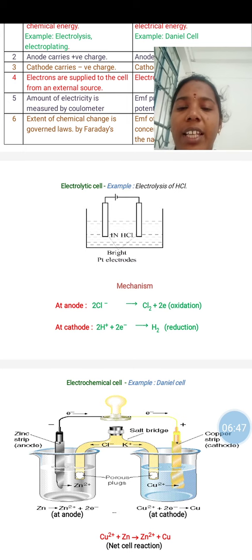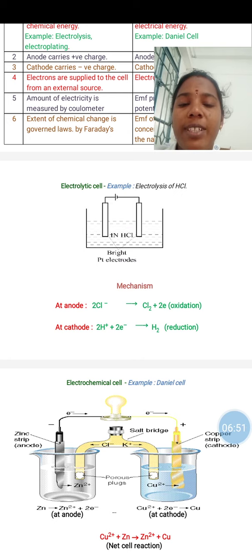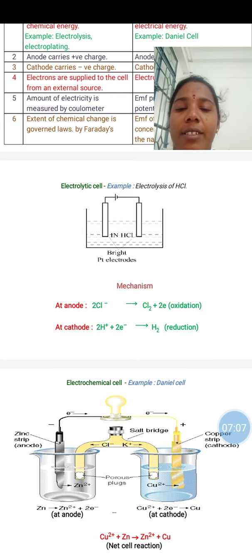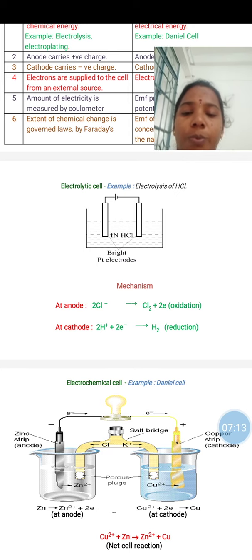The reaction takes place with liberation of electrons, so it is an oxidation reaction. At the anode, oxidation takes place. At the cathode, 2H+ plus 2 electrons forms H2. The reaction takes place with gain of electrons, so it is a reduction reaction. Reduction takes place at the cathode.